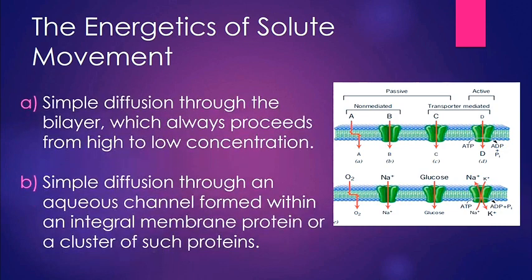A is simple diffusion through the bilayer, which proceeds from high to low concentration. B is simple diffusion through an aqueous channel formed within an integral membrane protein or a cluster of such proteins. So movement is always down a concentration gradient.